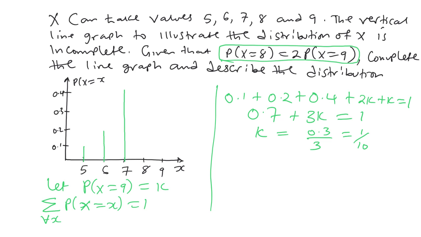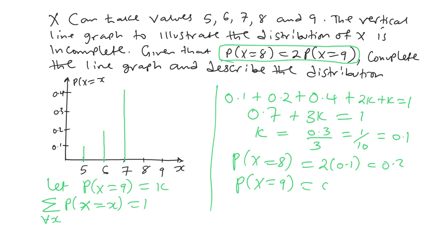So the value of k is 1 out of 10, which is the same thing as 0.1. If you are to complete the vertical line graph, the probability of x equal to 8 will be twice 0.1, which is 0.2. Then the probability of x equal to 9 is 0.1.